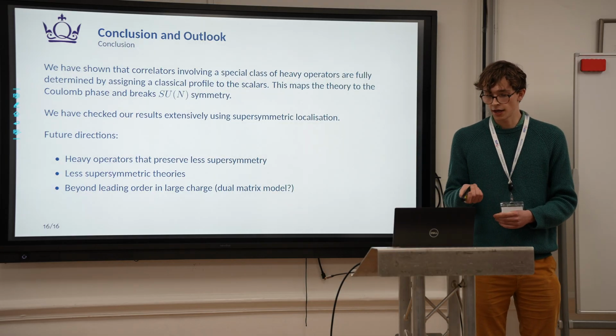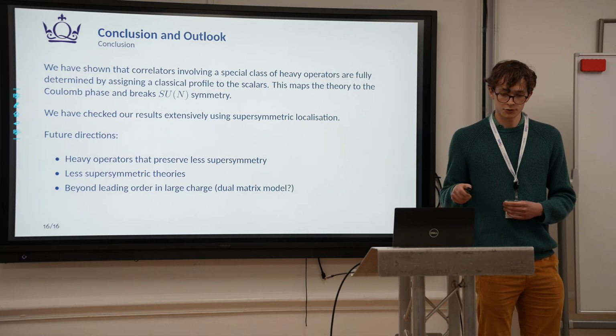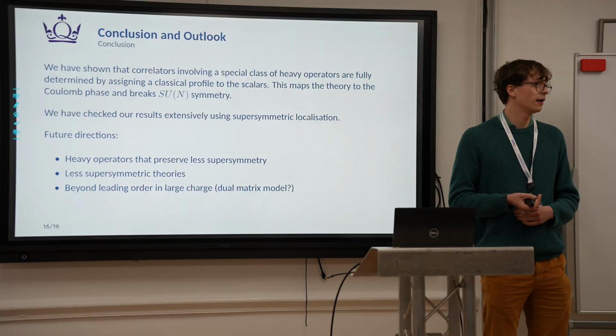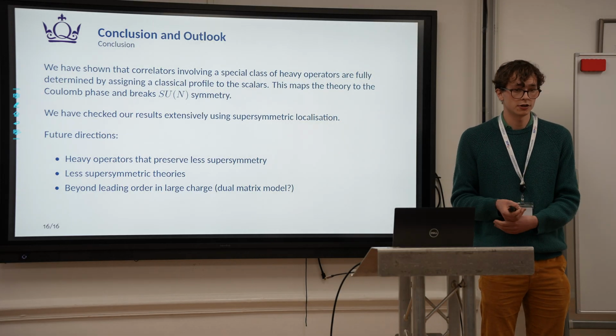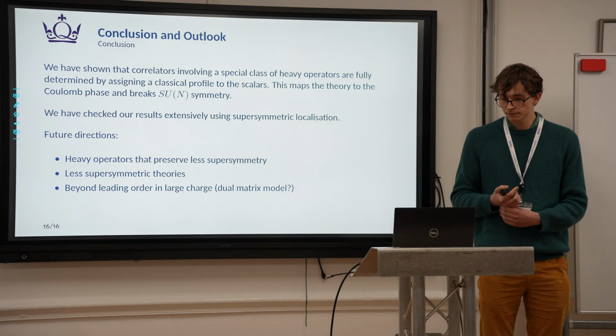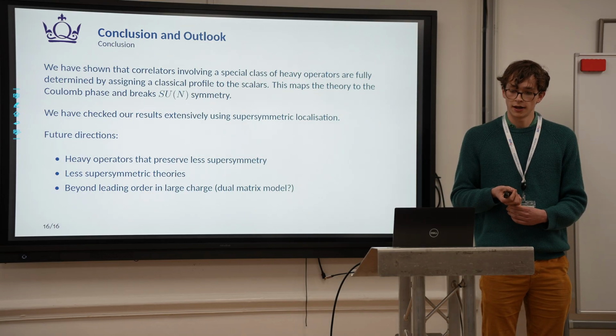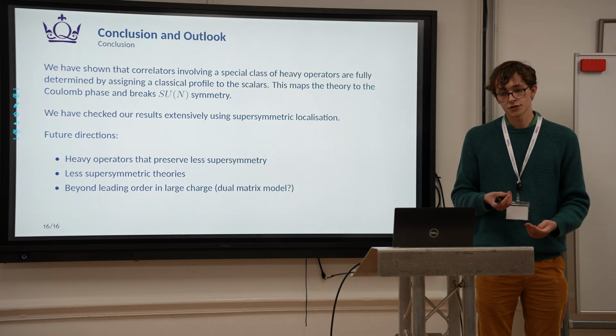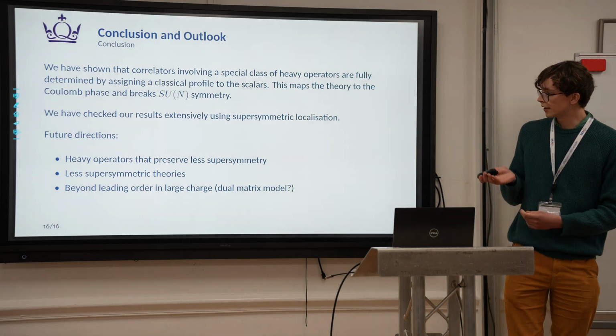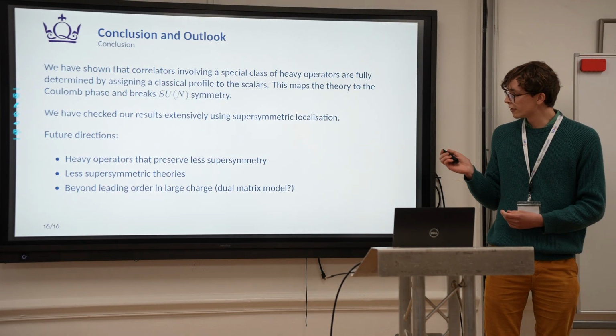And then, final point, this is all done in the large charge limit, but it would be great to go beyond the large charge limit. One potential way of doing that: there are these other matrix models.